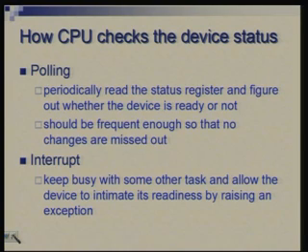So, the device will intimate its readiness by raising an exception, and it basically means that a signal which is going as input to the processor is activated, and the processor would have hardware which will transfer its control to an exception routine whenever that signal gets activated. So, in general a processor may have multiple interrupt signals coming from outside devices.